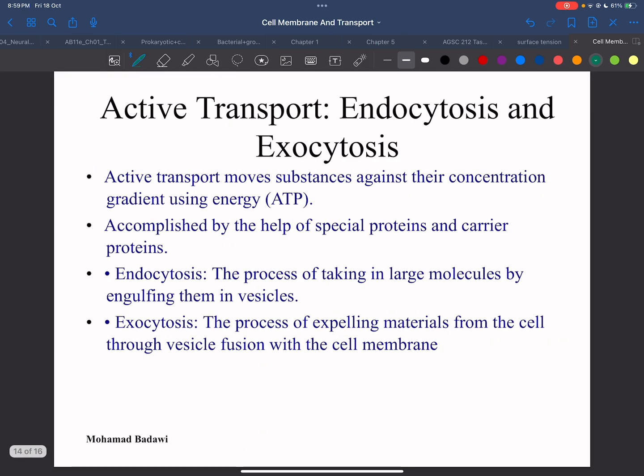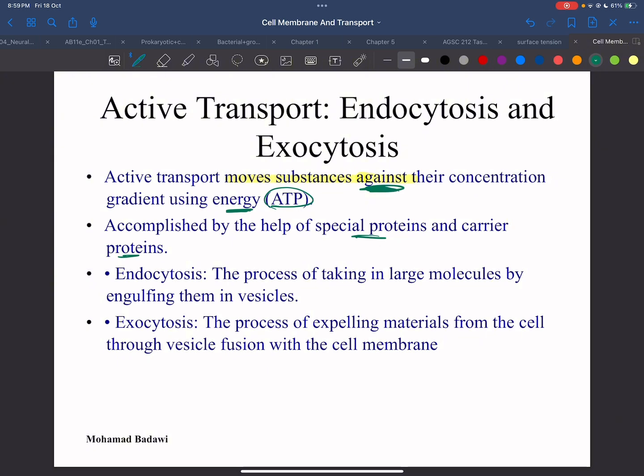Okay, now let's look at active transport. Active transport is what? Is when we move substances against their concentration gradient. Now, because we move them against their concentration gradient, we need what? We need energy. And this energy comes in the form of ATP. Of course, we also need proteins to help the transport of substances. So they use special proteins and they also use carrier proteins.